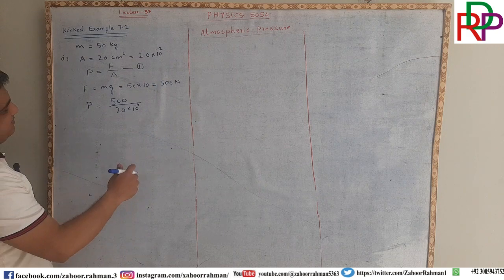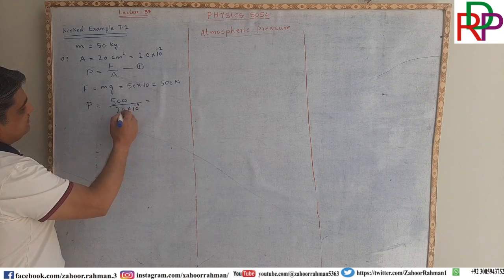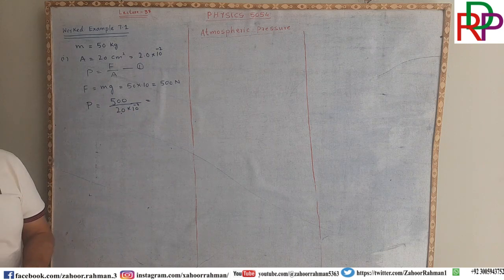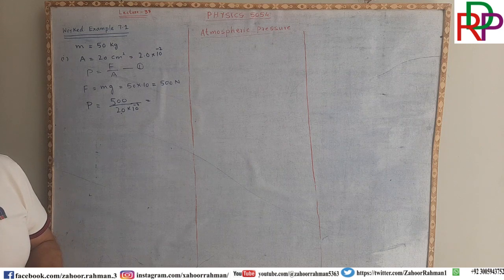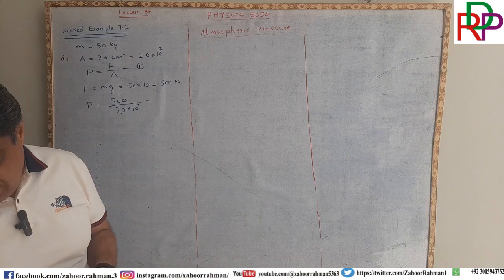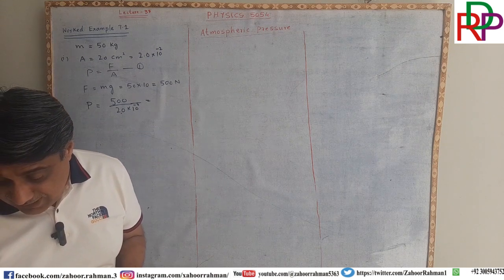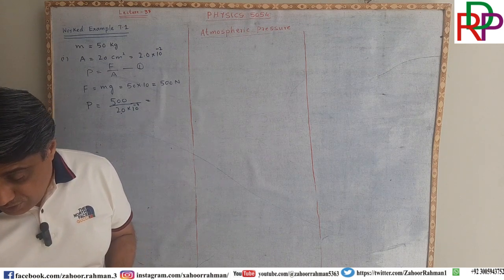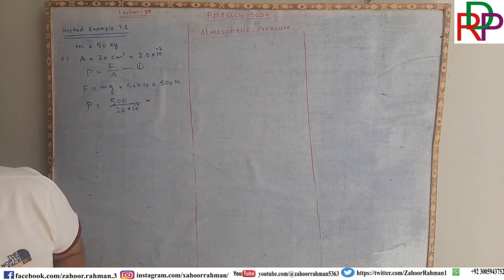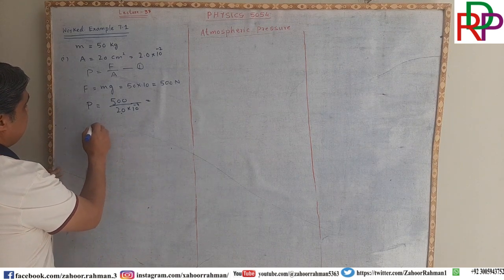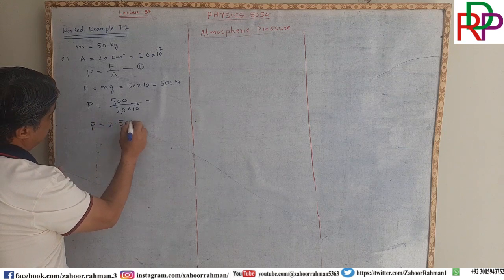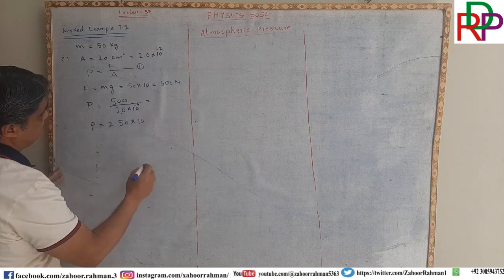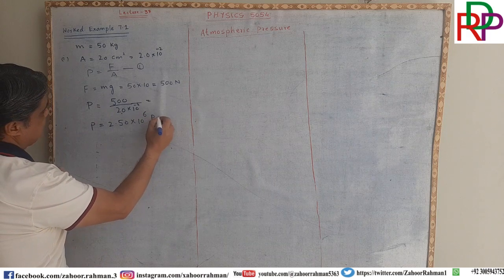Now, ladies and gentlemen, when this is the situation, we get the final answer: P is equal to 2.50 into 10 raised to the power 6 Pascal.